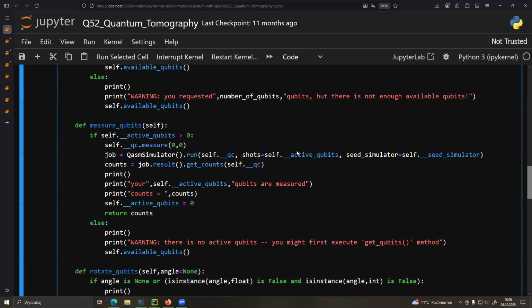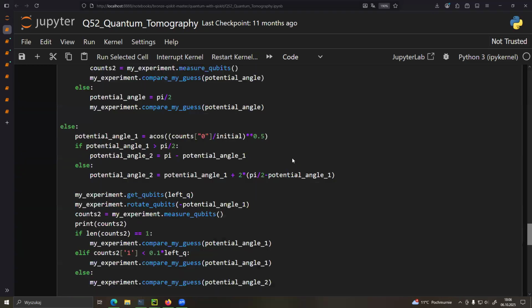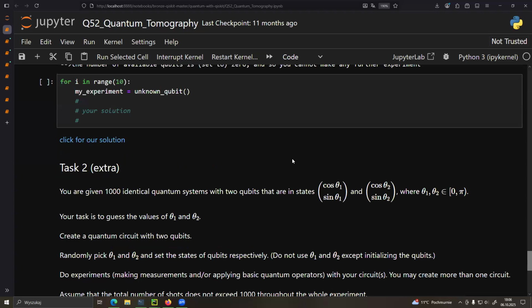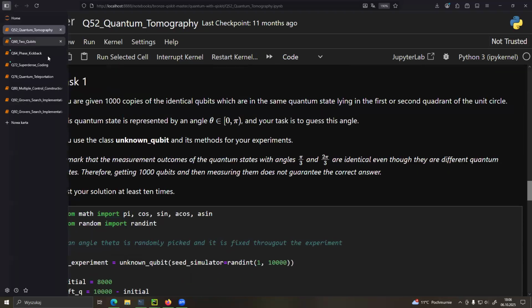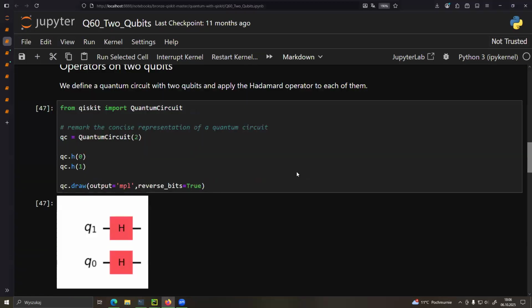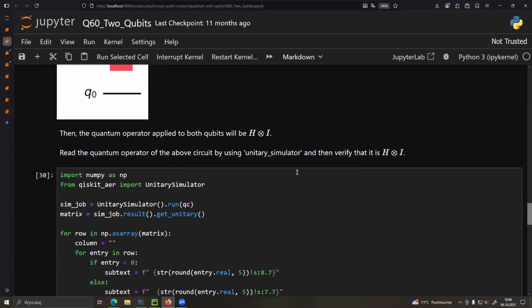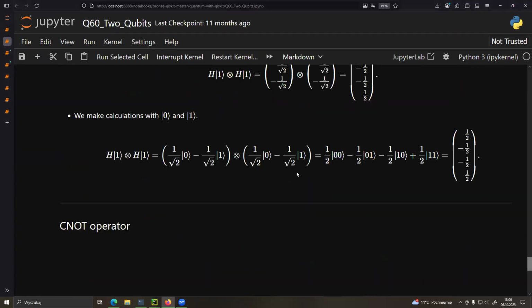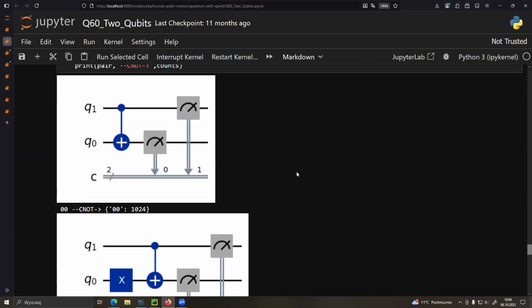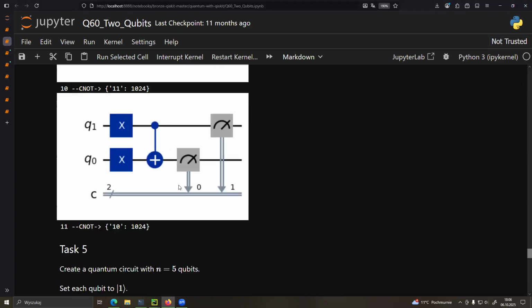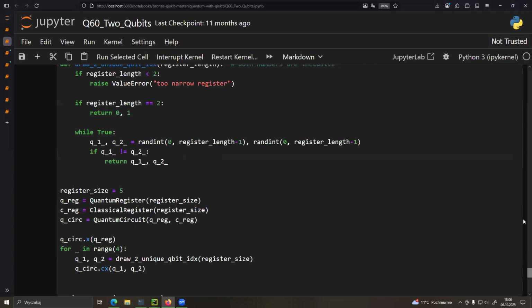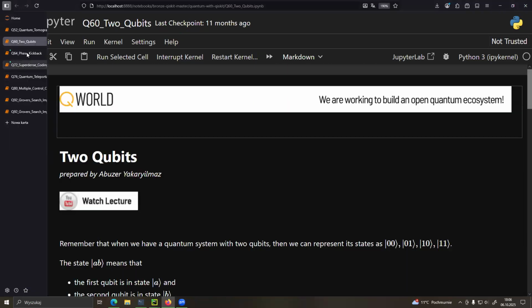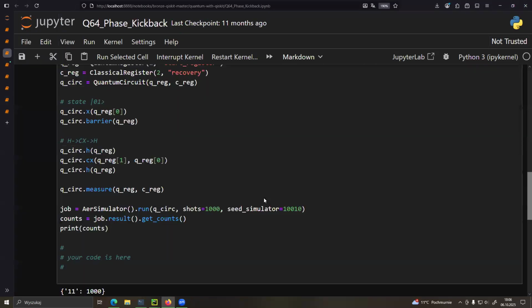I think it is used even in this Q52 or Q60 workshop. I need to look at it. Well, it is used somewhere. So we will have to address this problem.